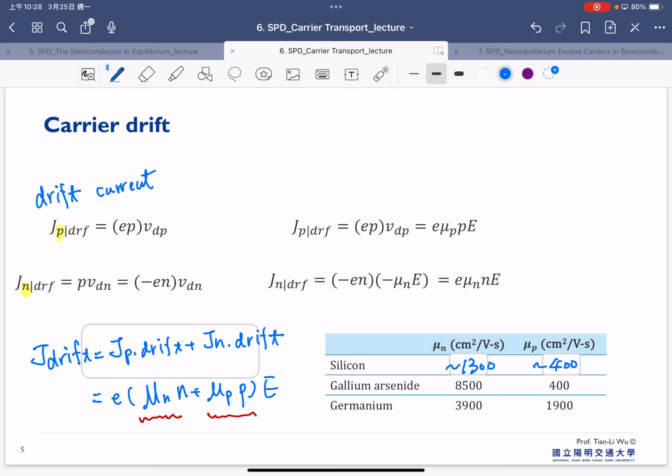For example, gallium arsenide is well known for high-speed communication applications, and this is because gallium arsenide has a very high electron mobility.